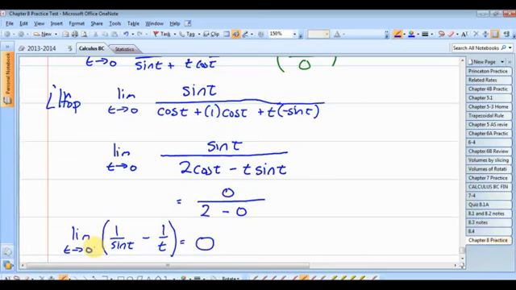No, that makes sense. It's different every time. This time we got 0, but even more profound than 0. We're saying that the infinity you get of 1 over a trig function is the same infinity you get as 1 over t.